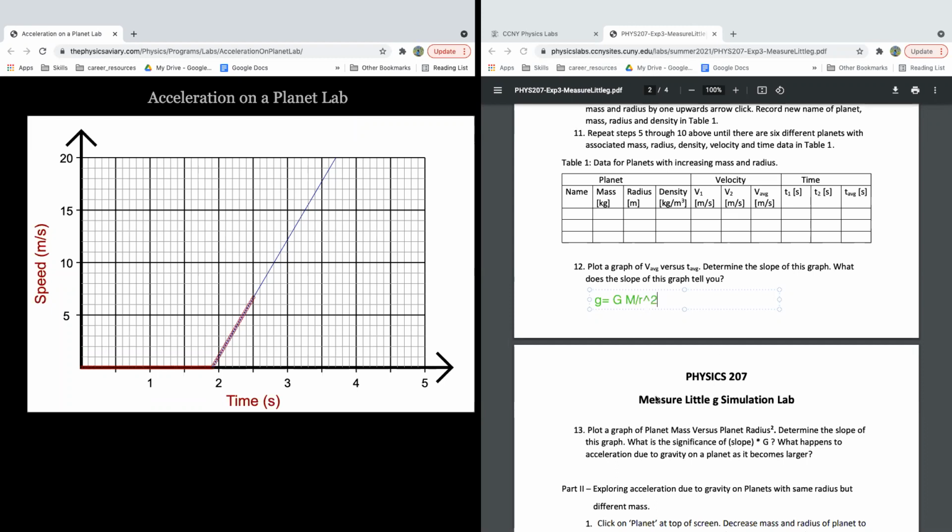So they want you to plot a graph of the mass versus the radius.